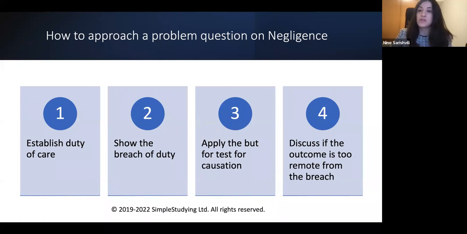Even if the causation is established, there are scenarios when, because the breach is too remote from the result, the negligence claim fails on remoteness. So all the four elements should be discussed in a negligence problem question.